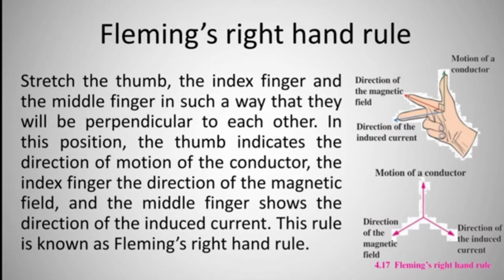The index finger shows the direction of the magnetic field and the middle finger shows the direction of the induced current. This rule is known as Fleming's right hand rule.